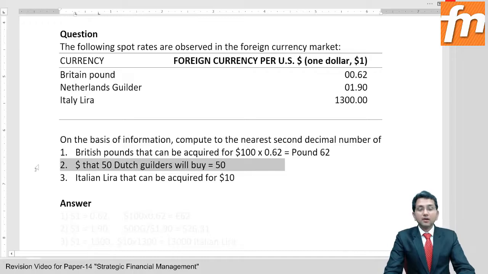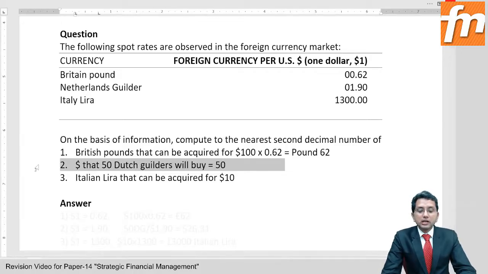Next, the dollars that 50 Dutch guilders will buy. So now the currency is the Dutch guilder, the Netherlands guilder. 50 guilders are there, but the rate is not available for 1 guilder.